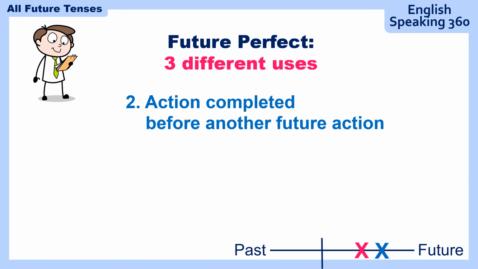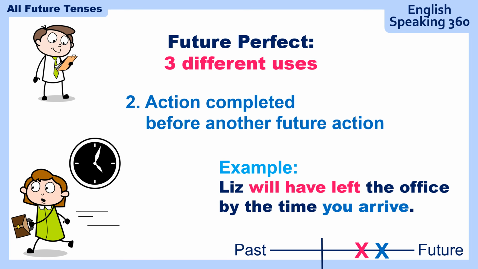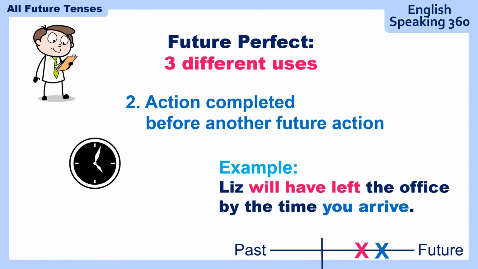Actions completed before another future action. Here we go. Liz will have left the office by the time you arrive. So Liz, you see her, she's leaving the office. So Liz will have left the office. It's completed by the time you arrive.